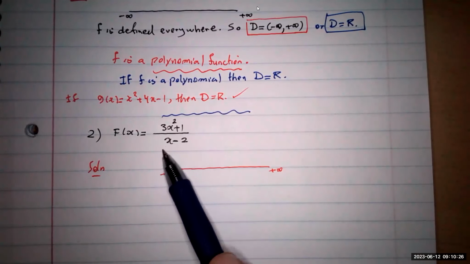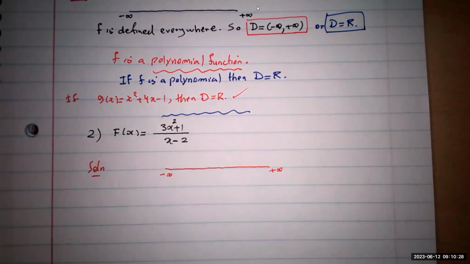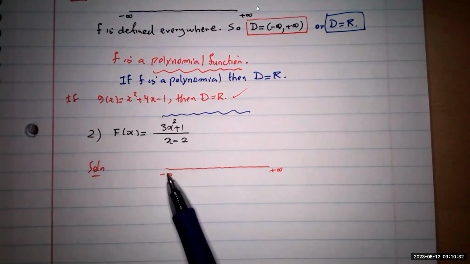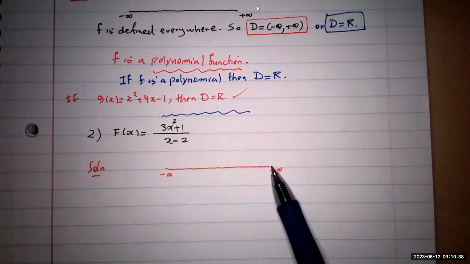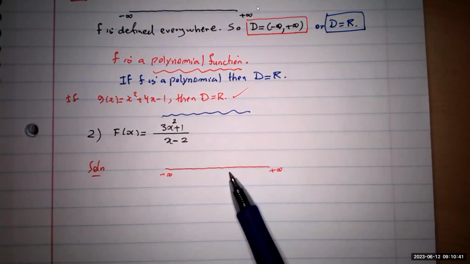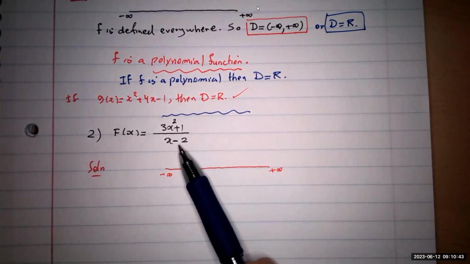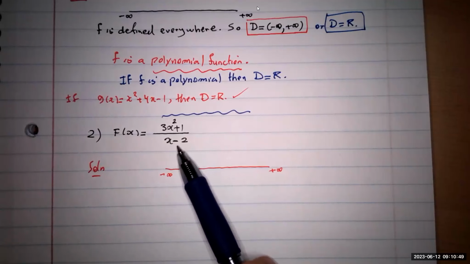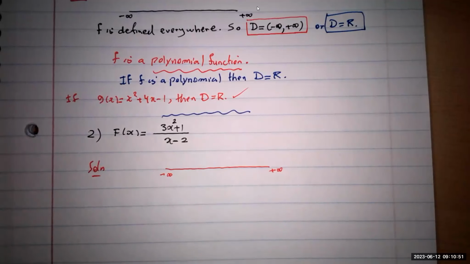When you divide, you must be careful. You cannot divide by 0. So you can use any number between negative infinity and positive infinity, but you cannot use the value of x that makes the denominator equal to 0.